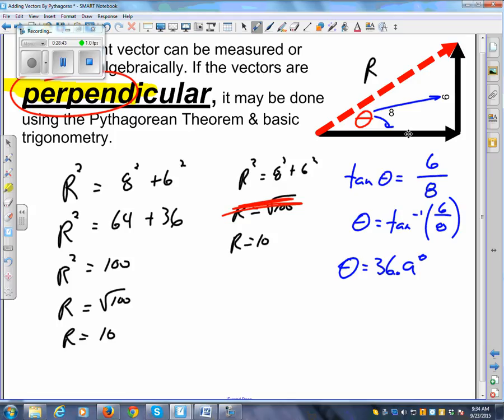You could also say east, and I'm going to round that to no decimal place. I'm going to say east 37 north. East 37 north. Or if you prefer, 37 east of north.